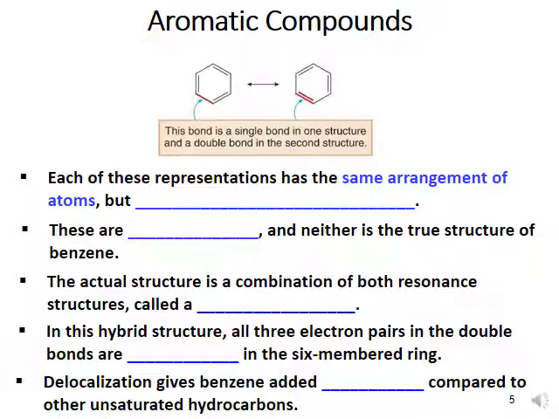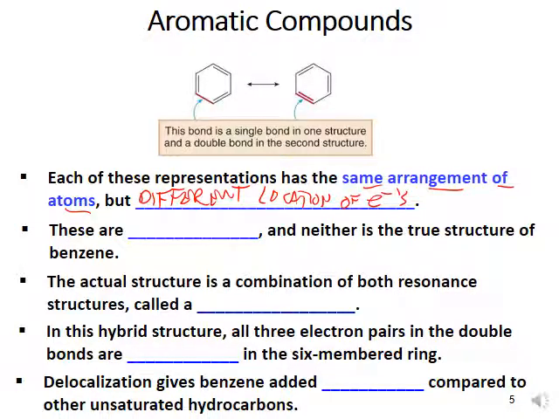So, as a way of discussing this as well, we can look at this and think about how these work and how we describe them. And again, same arrangement of atoms, but a different location of the electrons.